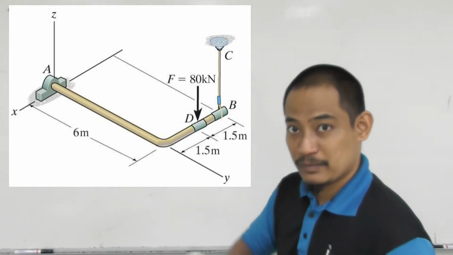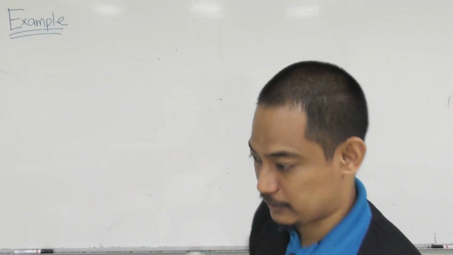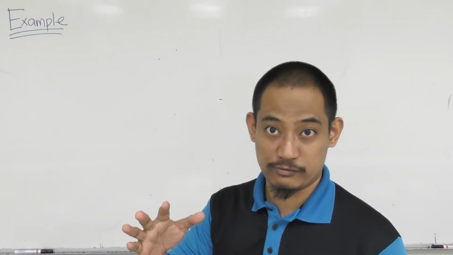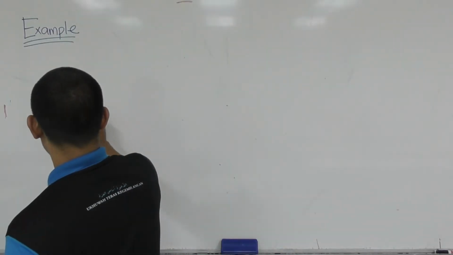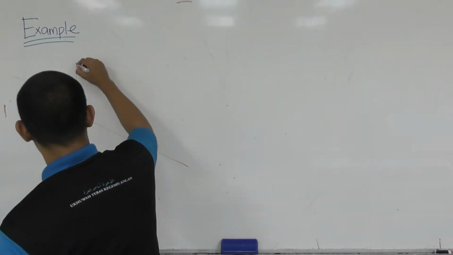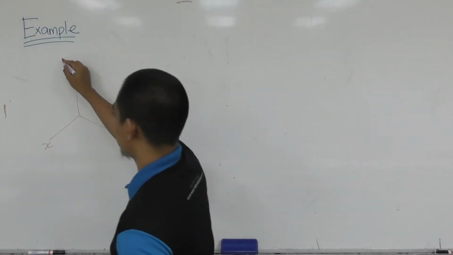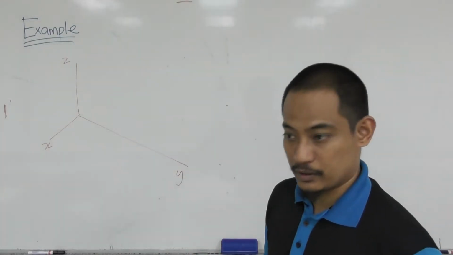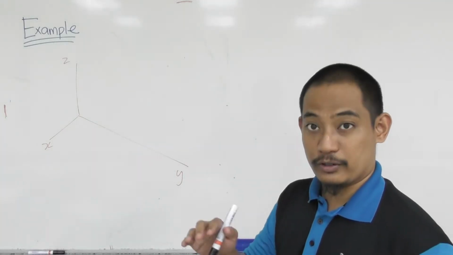Alright, so the picture disappears now, and we'll just go and draw the free body diagram and solve. First we draw the axes. So we have the x-axis here, y-axis, and z-axis there. And so we have the bent rod.